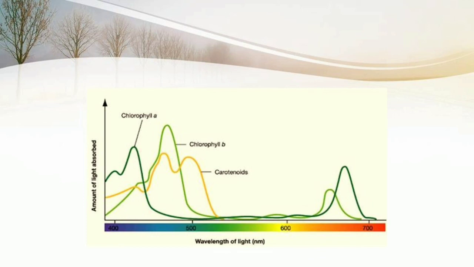So among all these pigments, chlorophyll A, chlorophyll B, xanthophylls and carotenoids, chlorophyll A is the major pigment which traps the light and plays a major role in photosynthesis.